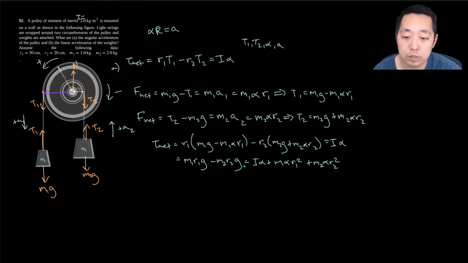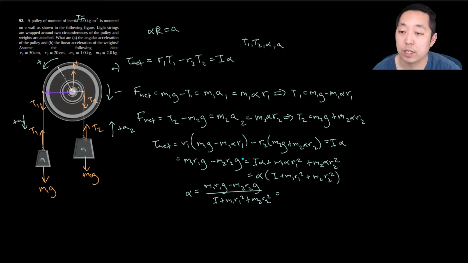And now I can factor out an alpha, and I'd have I plus M1 R1 squared plus M2 R2 squared. And so alpha is equal to M1 R1G minus M2 R2G over I plus M1 R1 squared plus M2 R2 squared.